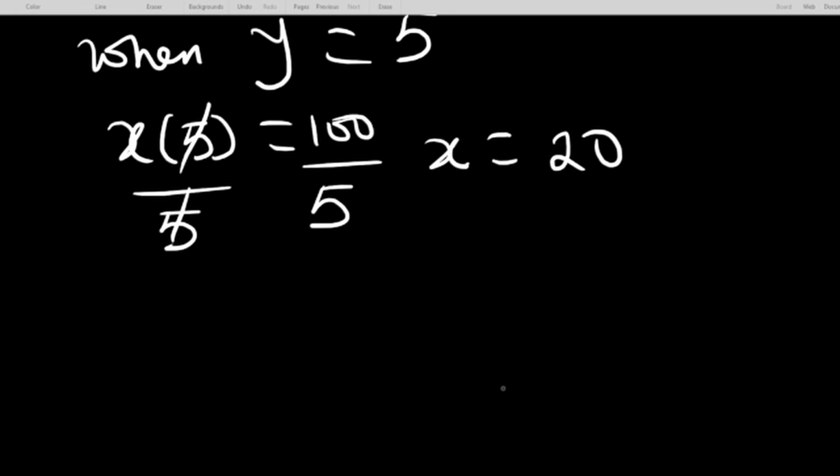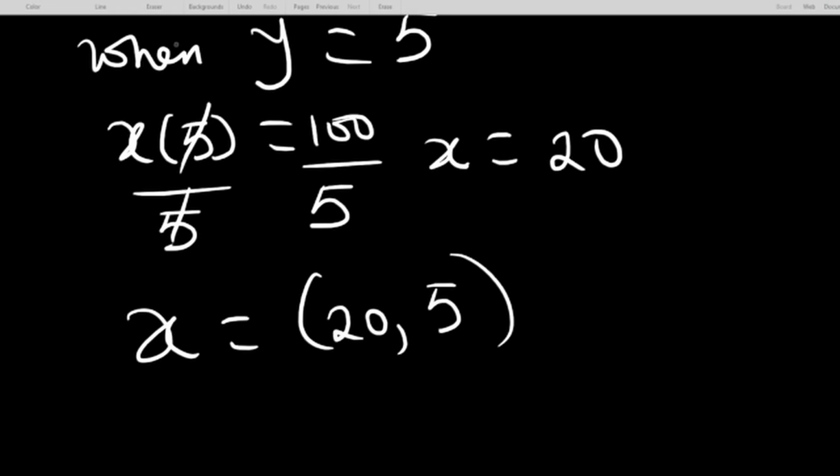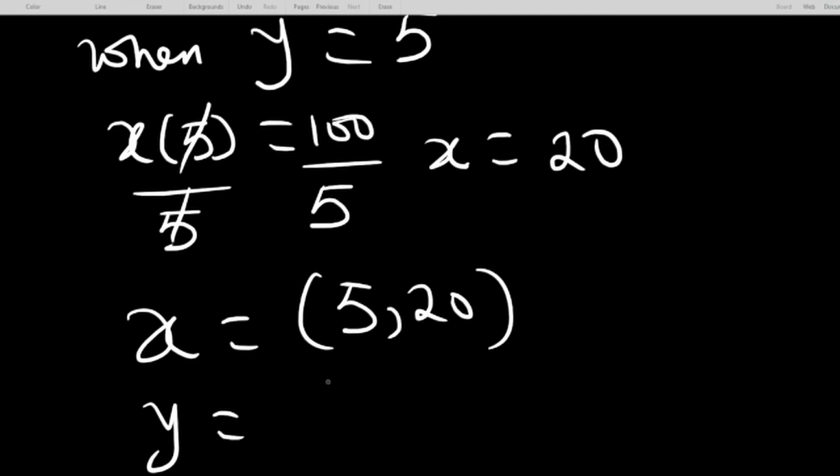So the values of x right now, x equals 20 comma 5. Okay, or x equals 5 comma 20 rather. 5 comma 20. All right, while y equals 20 comma 5. Okay, so these are the solutions and these are the values of x and y, having solved them simultaneously.